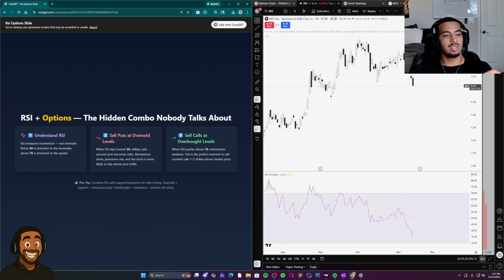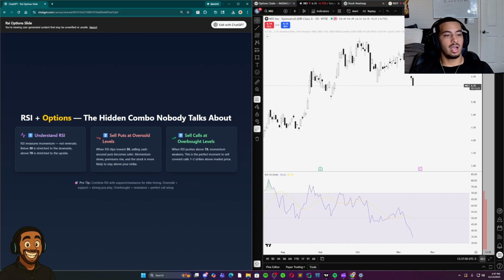The secret isn't just RSI, it's RSI plus trend plus support and resistance. Dealing with your technical analysis, trends, candles and price action, things like that, can help you become more profitable.